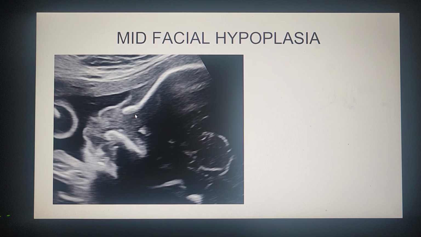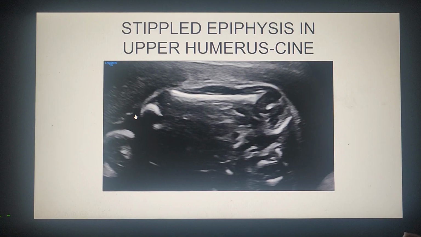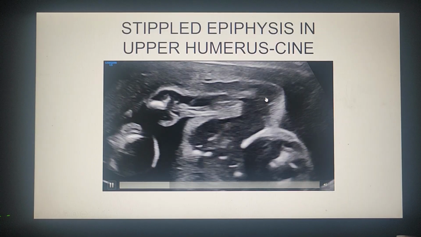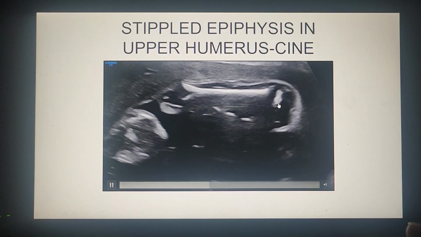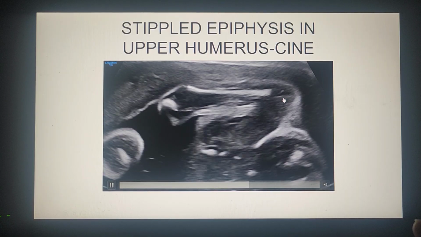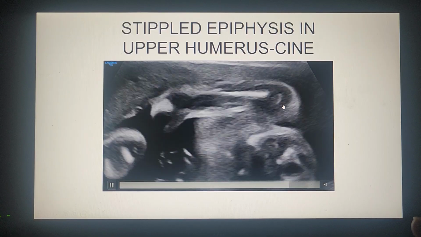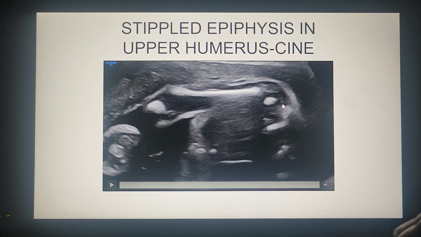There is increase in the frontonasal angle. And now I will show you a cine of the humerus. Here you see classical premature ossification of the head of the humerus with classical stippling of the epiphysis. So that is a significant finding in this binder's phenotype fetus.